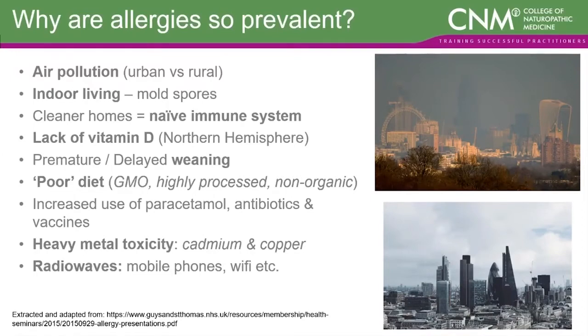Also having non-organic food. It's not just from the GMO stance, but non-organic food is often laden with heavy metals, insecticides, pesticides, and this can also have an overwhelming impact on immune modulation. So it can sometimes incite inappropriate immune responses in certain situations.